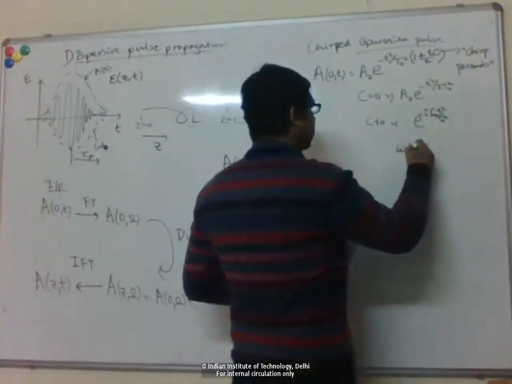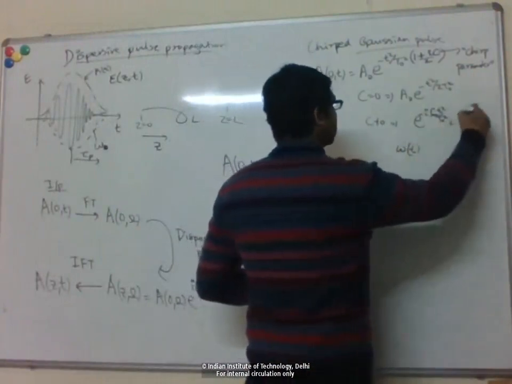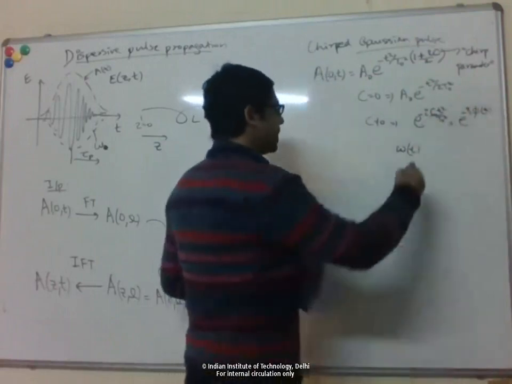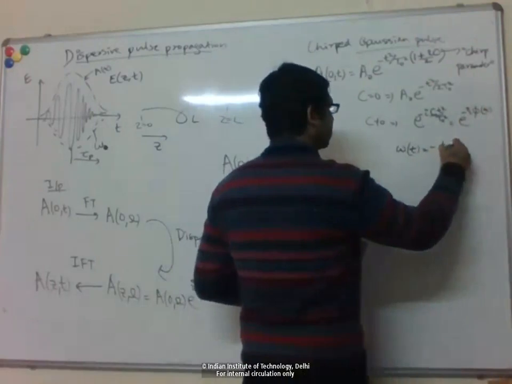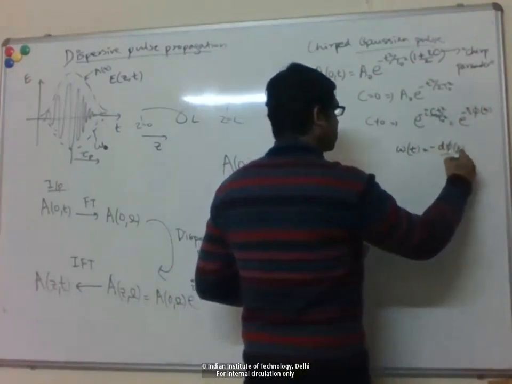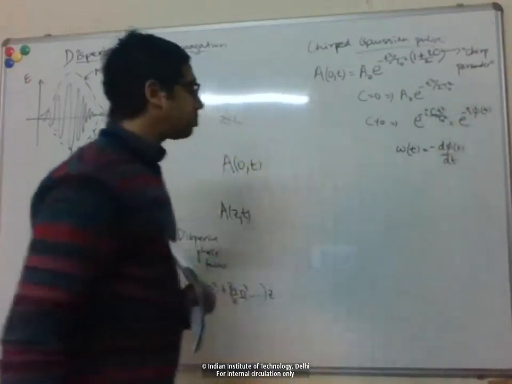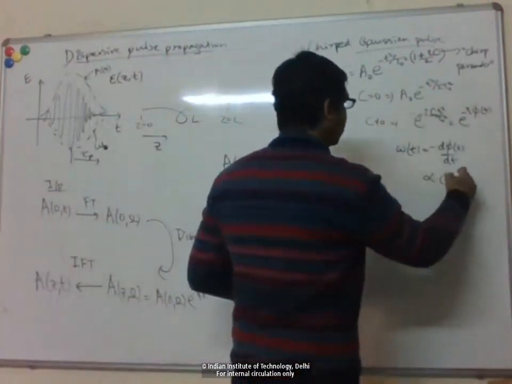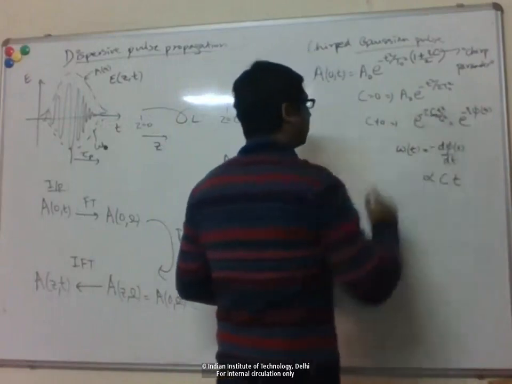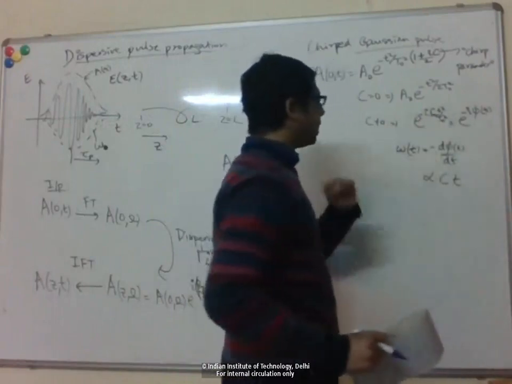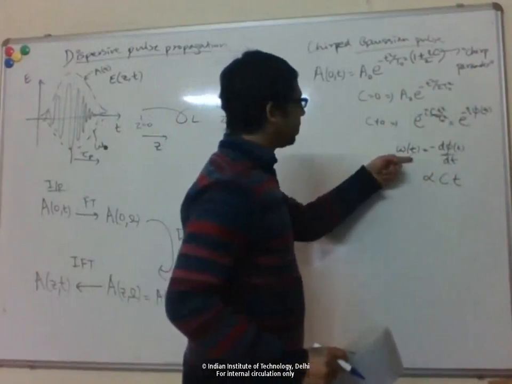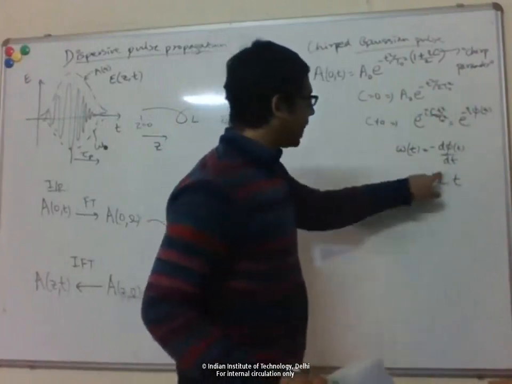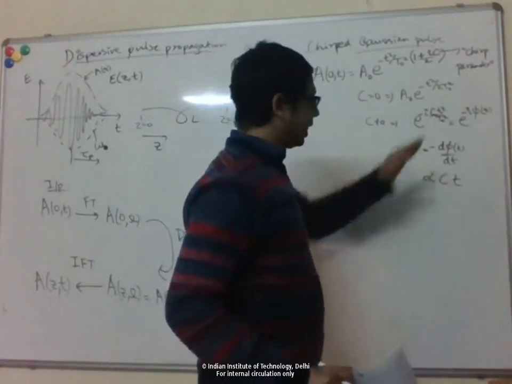If I write this as e to the some phase phi of t, the instantaneous frequency I can write as the derivative of the phase. Because this is quadratic, the derivative will be linear with time. So the instantaneous frequency will be linearly varying with time, and depending on the sign of this C, it will either increase or decrease.